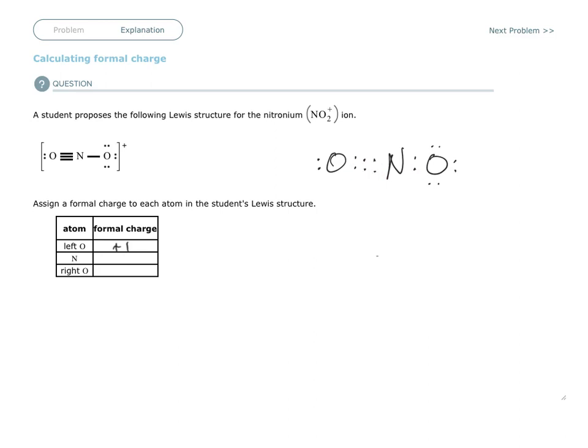So how many is a valence shell of a normal nitrogen? Well it's 1, 2, 3, 4, 5. It's in group 5, so it normally has 5. Normal nitrogen valence electrons, it's 5. Assigned nitrogen valence electrons, let's do it again.